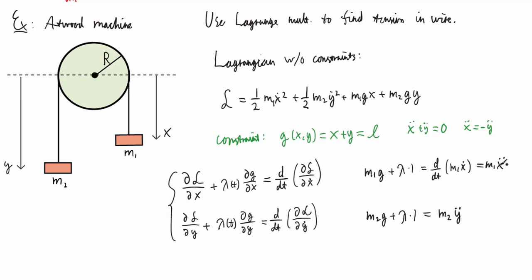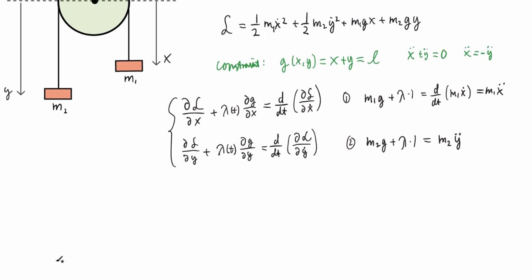Because we have x double dot as a function of y double dot. So let's do that. I'm going to take these two equations. I'm going to call this one equation 1, and I'm going to call that one equation 2. So equation 1 minus equation 2.